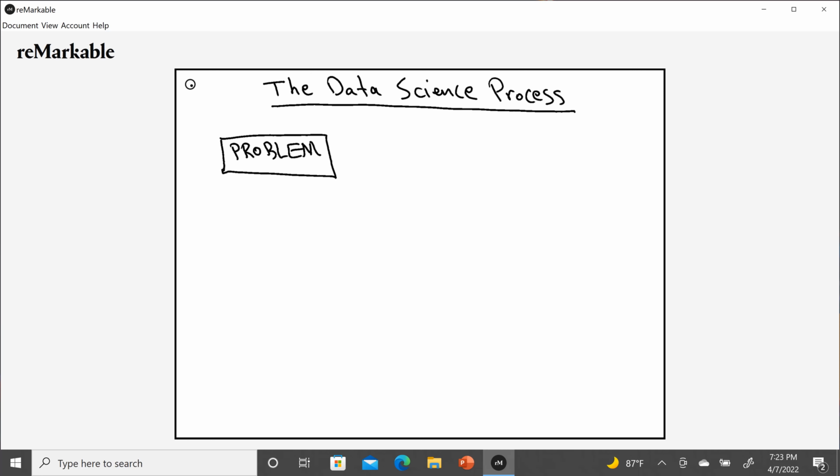But the idea is that you come up with an idea based on your previous knowledge or experience, and then you collect data. So the hypothesizing comes before the data collection. Now, what data science does is it kind of reverses the process.